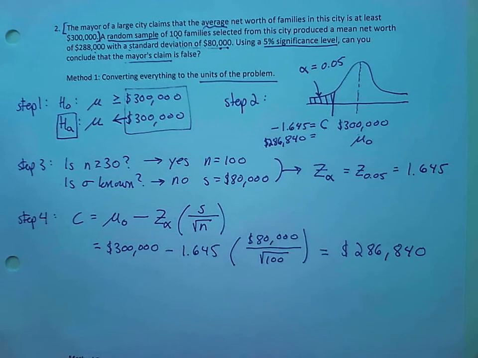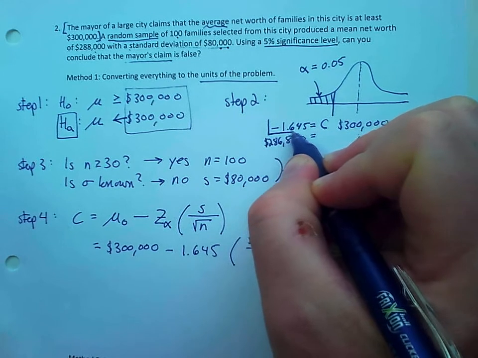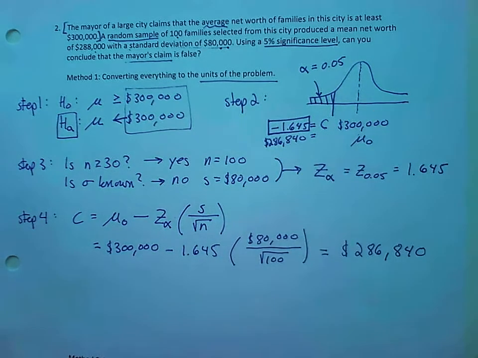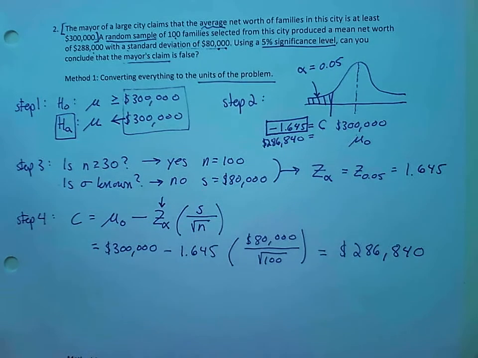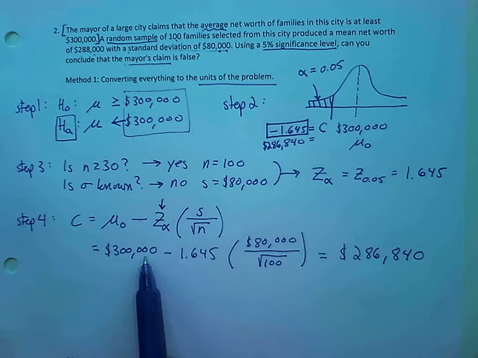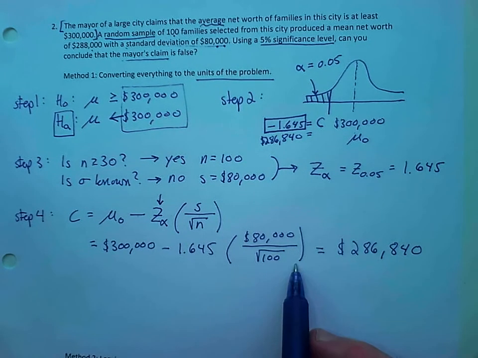Now keep in mind this. If you said that this z value should be negative, and you plug a negative z value into this formula, then you're going to be subtracting a negative z value, or adding it, which means that you're going to have $300,000 plus what's to the right of here.